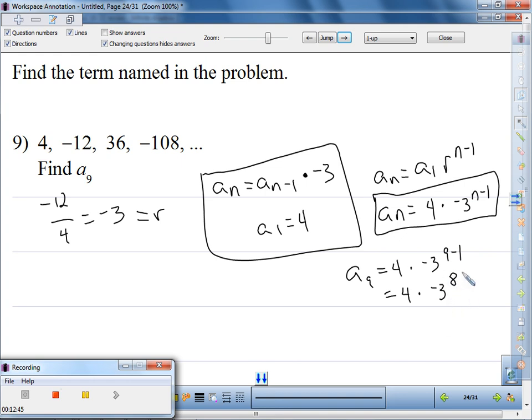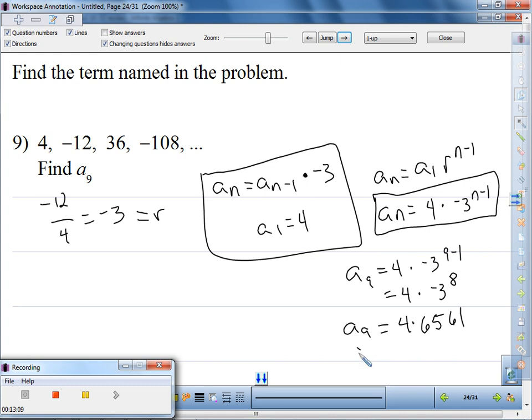Okay. Now I want you to think about this. Should we end up with a positive or negative number when we take to the 8th power? Alright, so when we take negative 3 to the 8th power, we end up with 6561, and we're going to take that number and multiply it times 4 to get our final term.